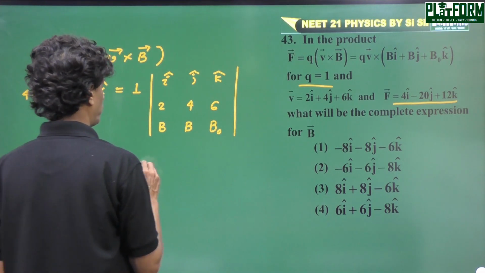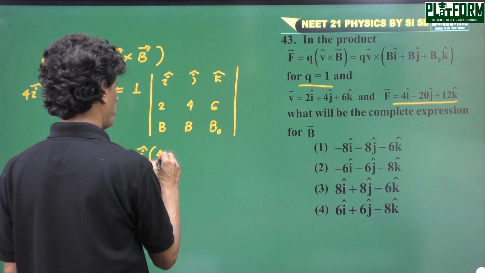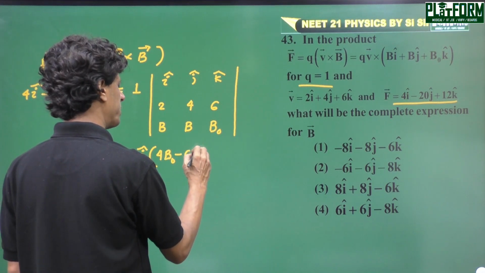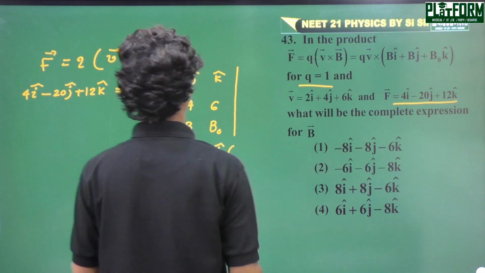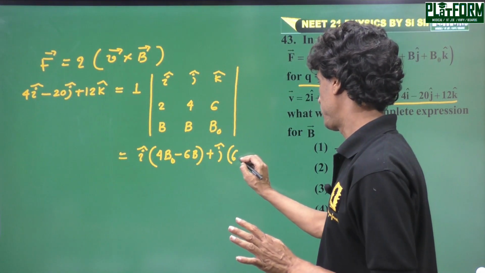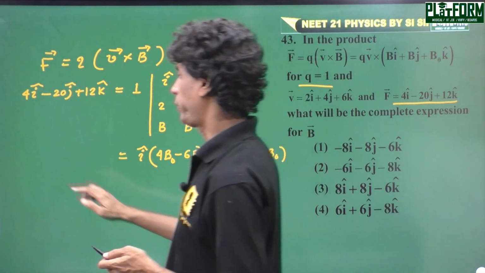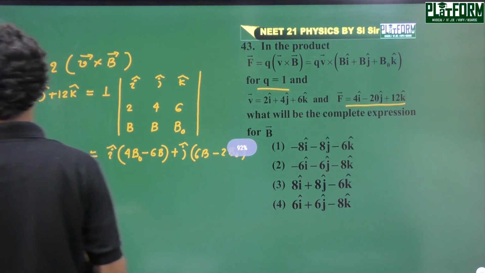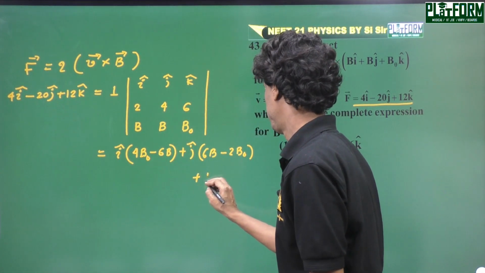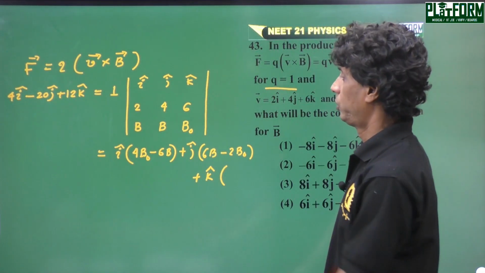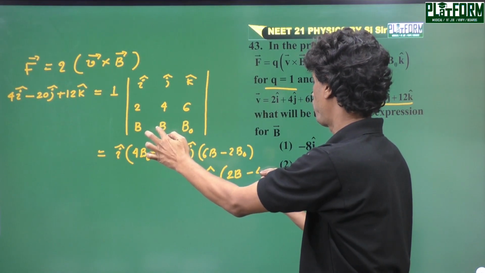So simply I cap 4 into 4b naught minus 6b, plus j cap 6b minus 2b naught, and in this way k cap two into b minus 2b minus 4b.